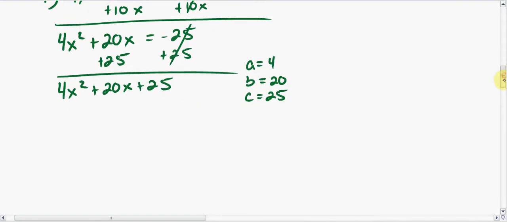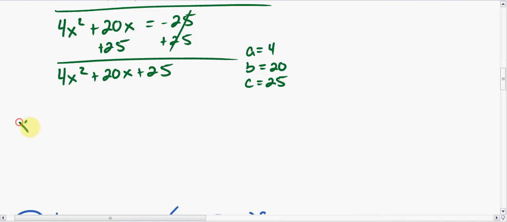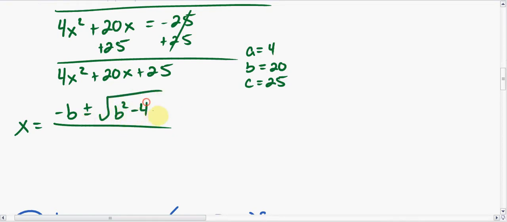I'm going to plug that information into my quadratic formula, which is the opposite of b, plus or minus the square root of b squared minus 4ac, and that's all over 2a.